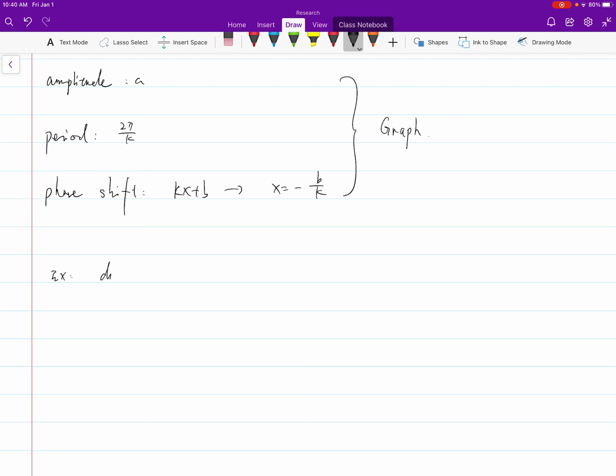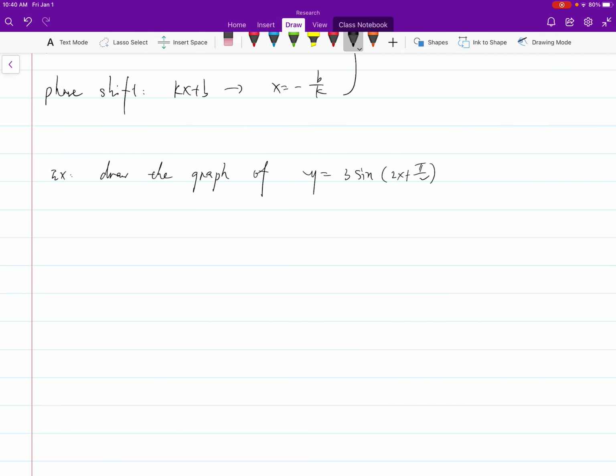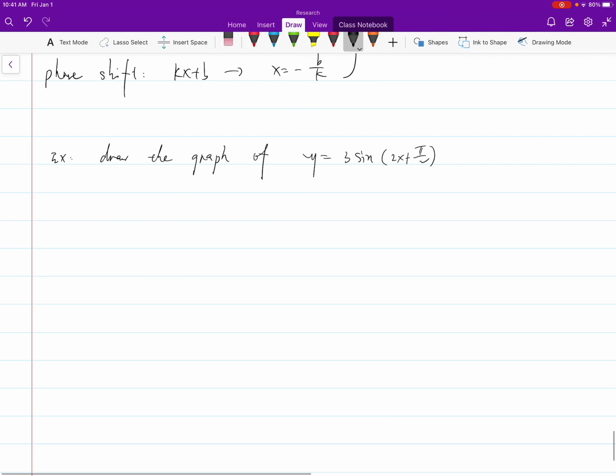Okay, example. Draw the graph of y equals 3 sine(2x plus pi over 2). Now we know the graph is roughly like this, maybe shrunk, amplified by 3, and things like that.